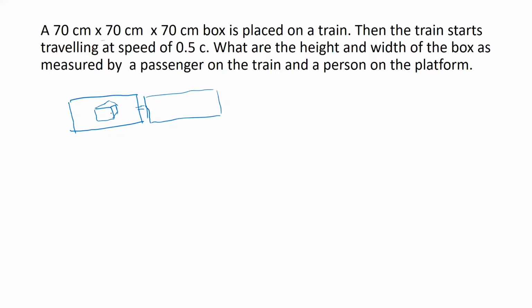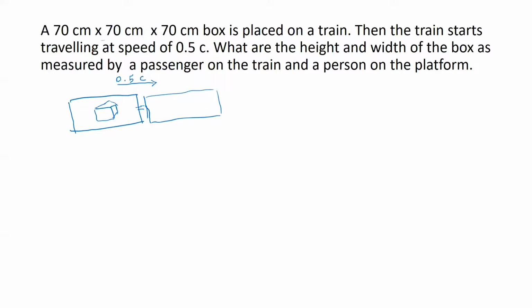We have width, we have height, and we have length, all 70 centimeters. And then the train starts traveling at a speed of 0.5 c. So a very fast train. It's moving in this direction, at 0.5 c.